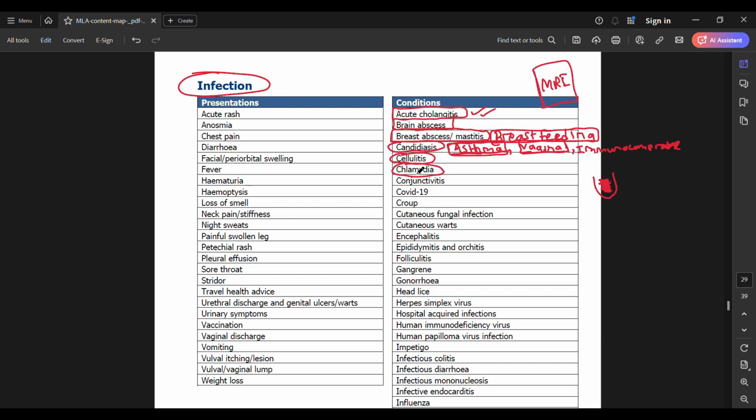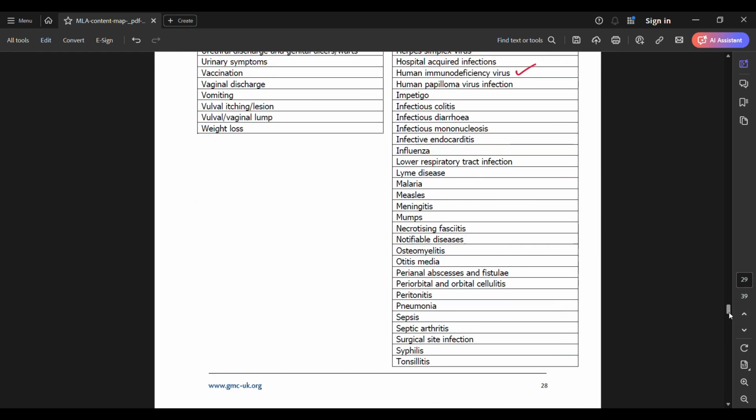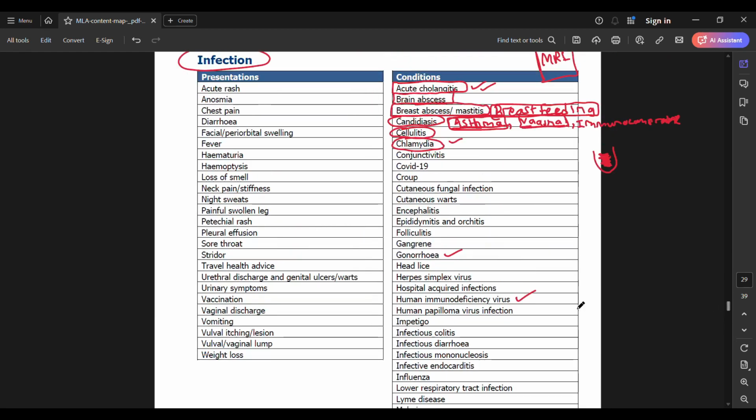Next, you have chlamydia. So if it's chlamydia, if it's gonorrhea, if it's HIV, I think there's another syphilis, right? So all these STIs, a very, very important thing you need to keep in mind is the genitourinary medicine clinic and the partner notification program.